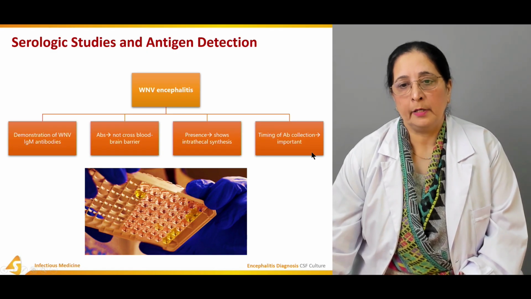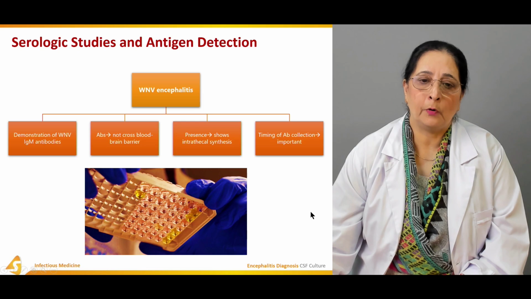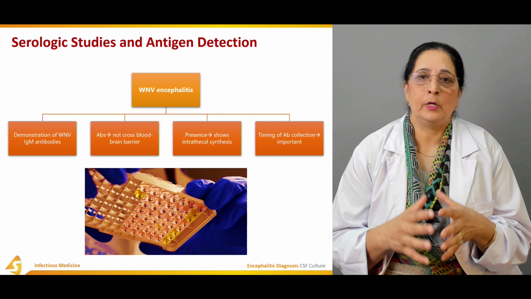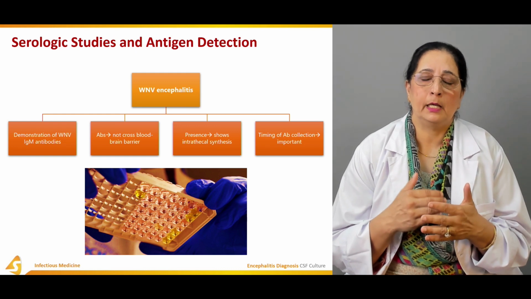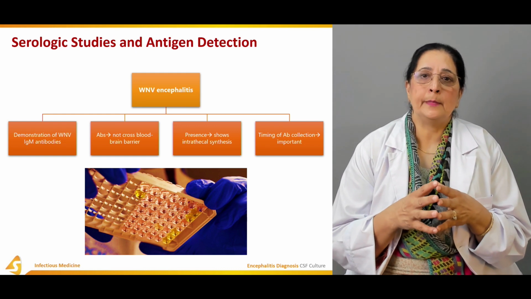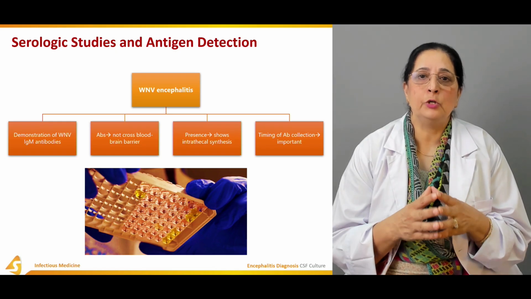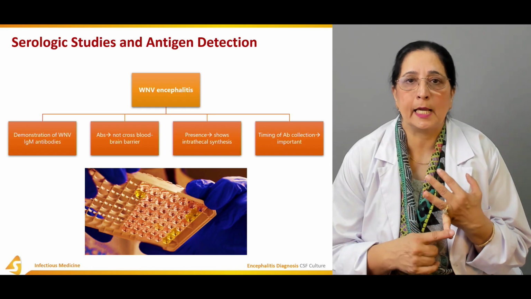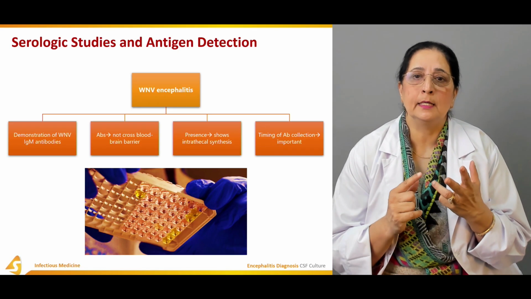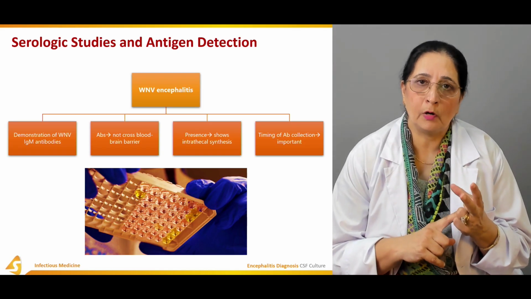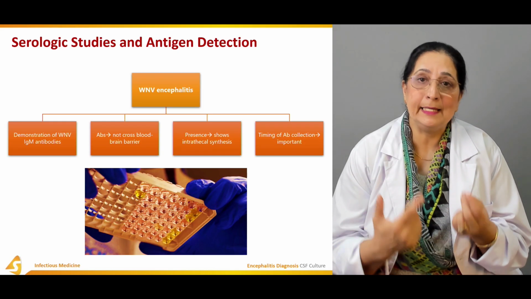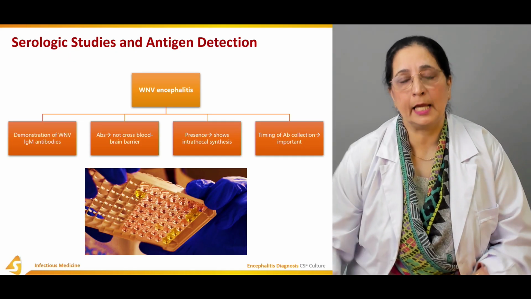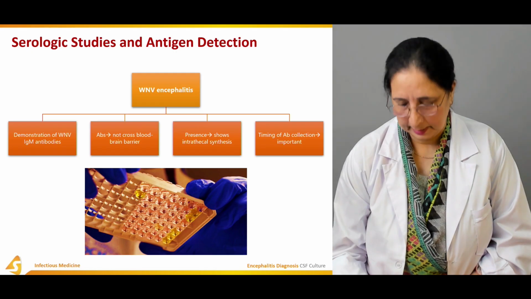Timing of antibody collection is also important to find out what is the stage at which the condition is present. So all these steps are helpful in diagnosing West Nile virus encephalitis: IgM antibodies present, antibodies do not cross the blood-brain barrier, which indicates they are formed intrathecally, and the timing of the collection is important.